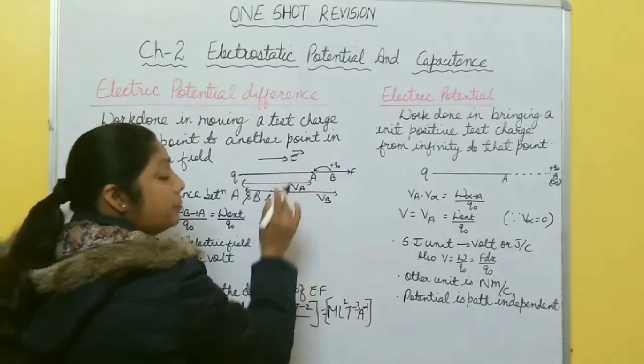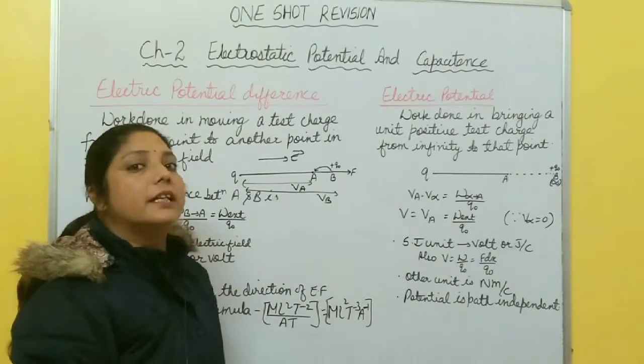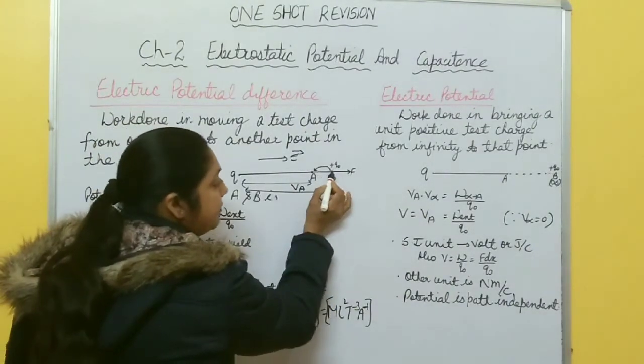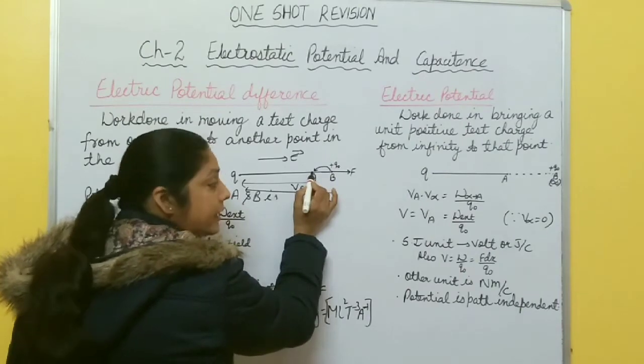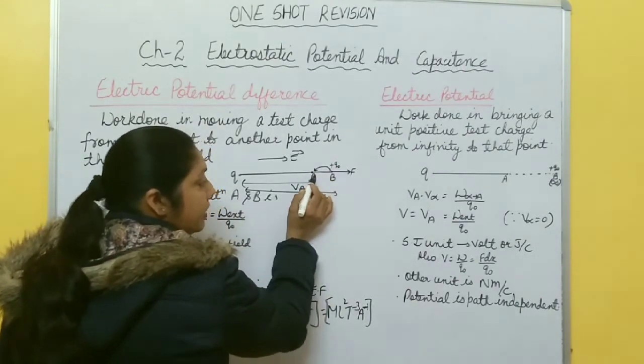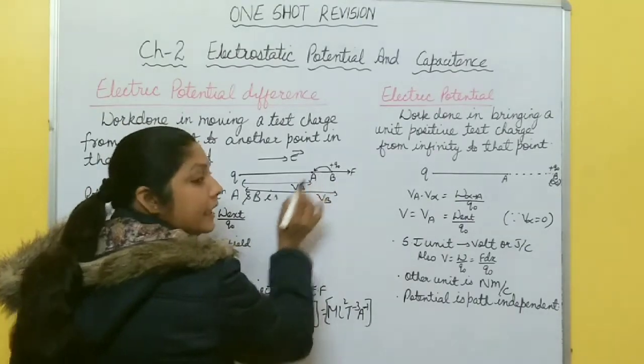So potential decreases in the direction of electric field. It means potential at B is less than potential at A. So moving a test charge from B to A, it means VA minus VB.